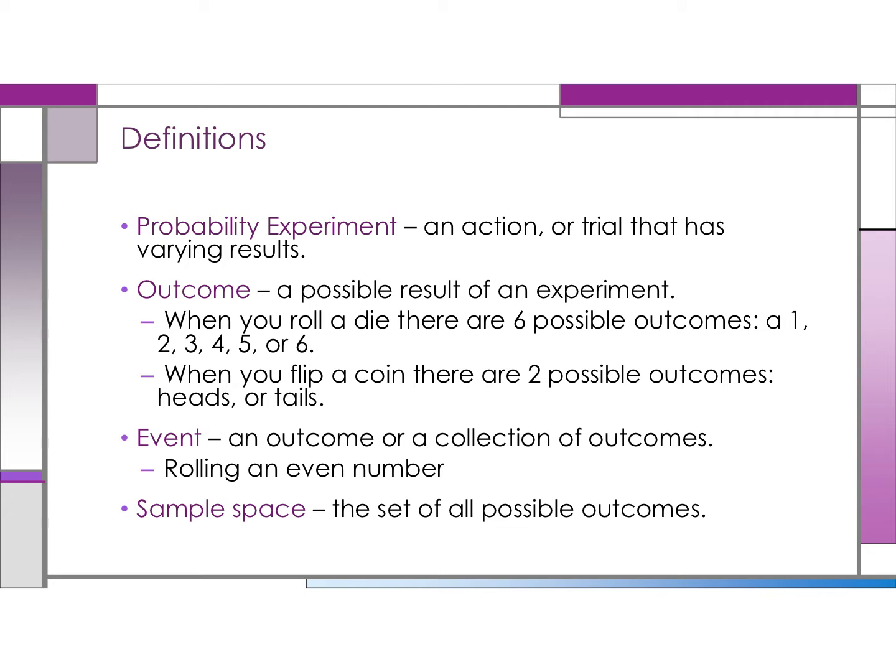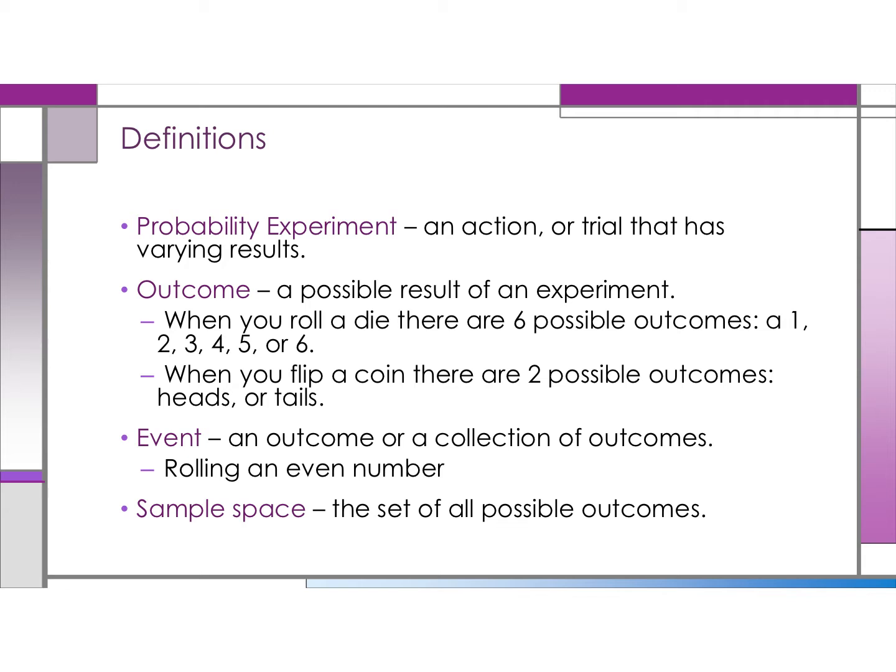If I roll a dice or a die or a number cube, there would be 6 possible outcomes: the numbers 1, 2, 3, 4, 5, and 6. An event is an outcome or a collection of outcomes. For example, when I roll my die, if I get a 2, 4, or 6, that would be rolling an even number. That would be an event.